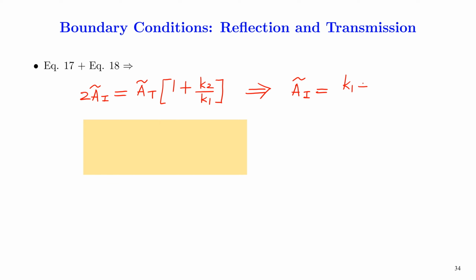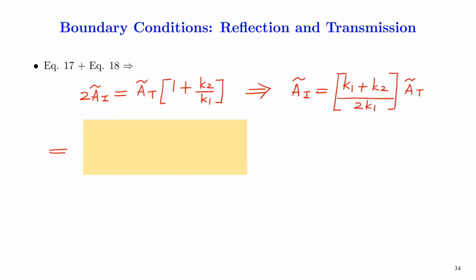In the next step, we shall add equation 17 and 18. So this gives us 2AI equal to AT times (1 plus K2 over K1), that is AI equal to (K1 plus K2) over 2K1 times AT.